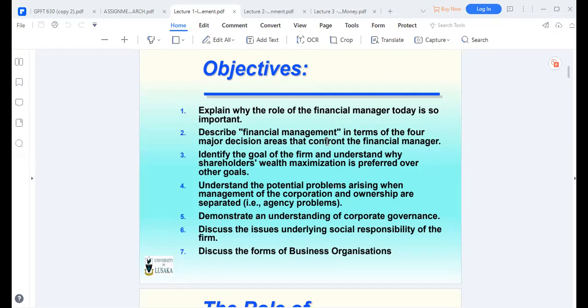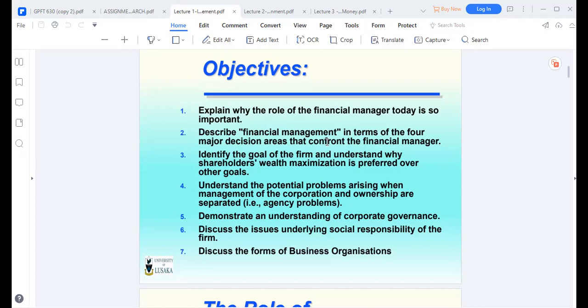We must also understand the goal of the shareholders in here, which will be wealth maximization. We also want to discuss a few problems that arise when management incorporates our business. There are certain problems that are attached to a business.